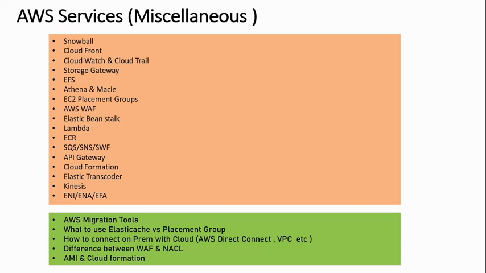It can improve your network latency and throughput. But if somebody is asking about latency on the performance side, it will go to ElastiCache. How to connect on-prem and the AWS cloud, I'll discuss in much more detail in the next two sessions, in our networking session. But definitely Direct Connect or VPC could be the option.